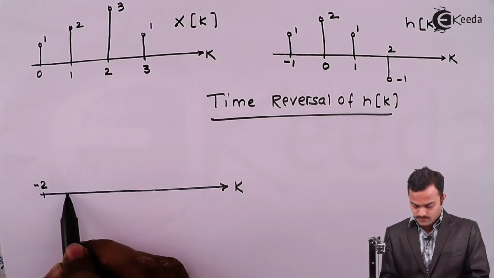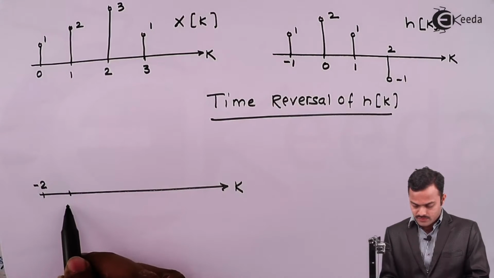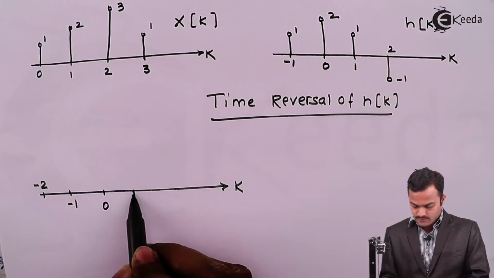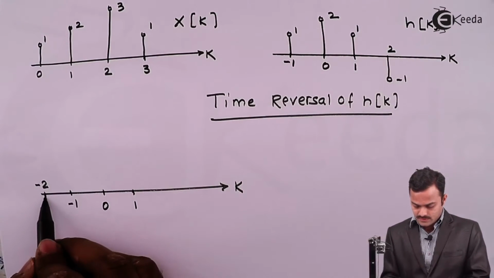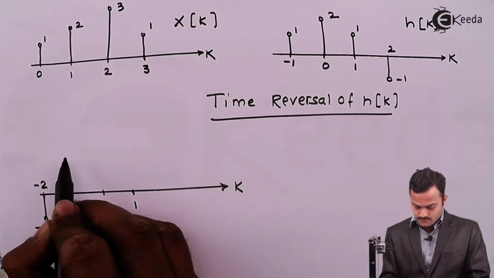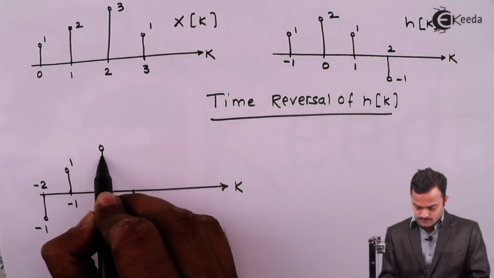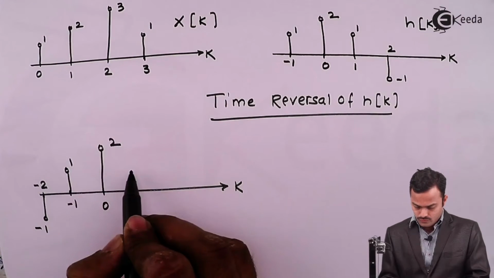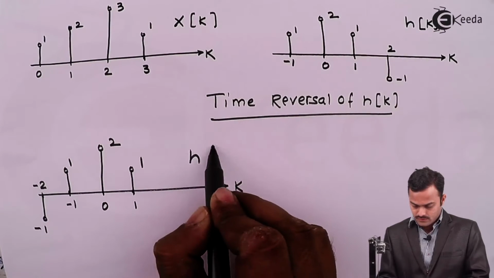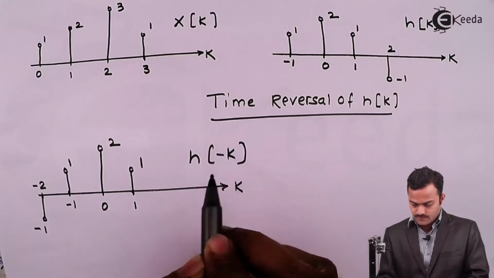Then we will have an instant at minus 1, then 0, and in the end 1, with the values minus 1, 1, 2 and 1. So this is h of minus k.